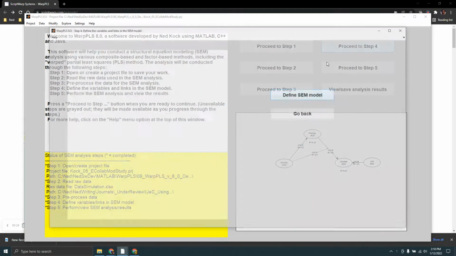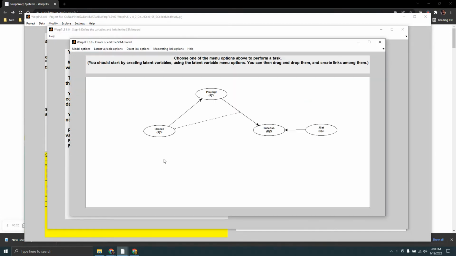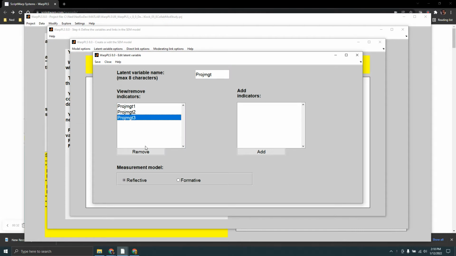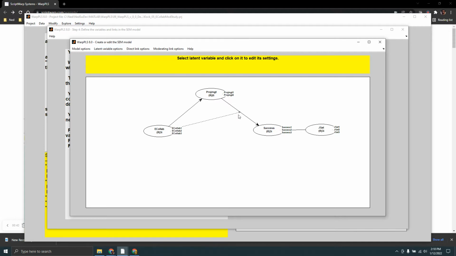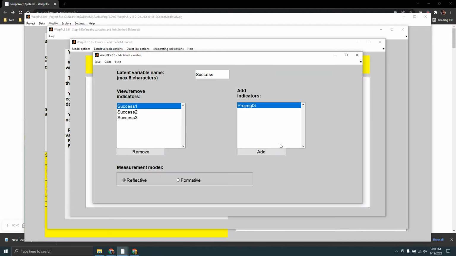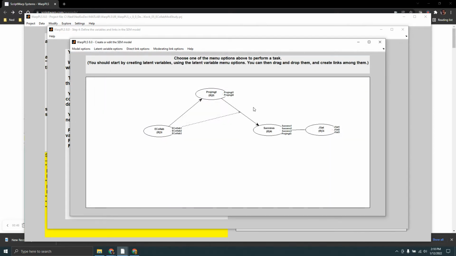So what I'm going to do is induce a discriminant validity problem by moving one indicator that belongs to this latent variable, project management. So I removed one indicator from there and I will misplace it as belonging to this latent variable, success.